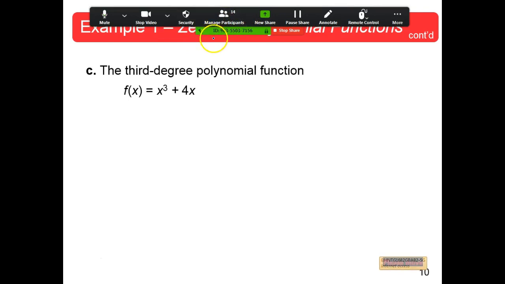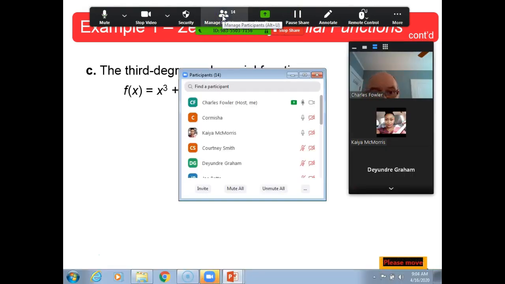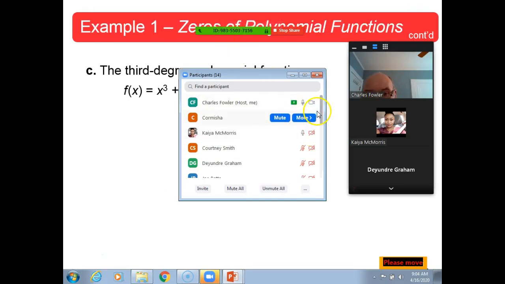Oh, seems like we've had some new people add. Let me see who's here. Somebody must have come in I didn't have before. I had Cormisha, Kaya, Courtney, DeAndre, Drake, Jay, Cameron, Keelan. Kennedy is here. Excellent. I didn't know you came in. Glad. By the way, I got your letter. Kennedy Clayton. There you are. Okay. Let's see. I think there may be somebody else who has come.